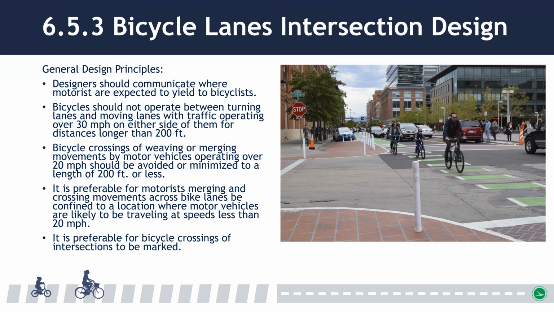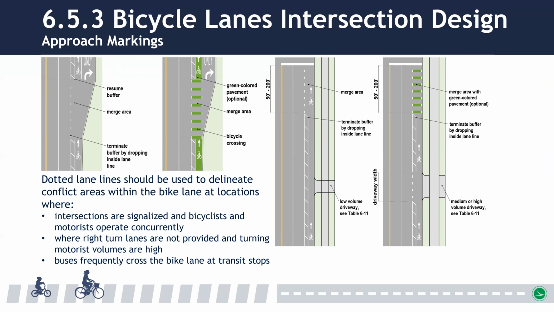Next, we'll briefly go over some of the general and intersection-specific guidance that you will find in section 6.5.3 of the MDG. For pavement markings, where motor vehicles are permitted to enter a bike lane to prepare for a turn, a crossing, or a merging maneuver, the bike lane lines may be solid or dotted on the approach to and within the intersection.